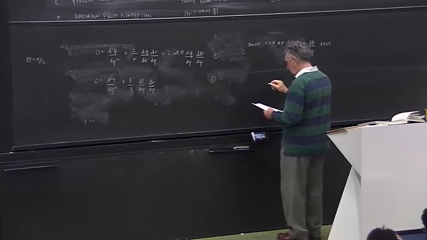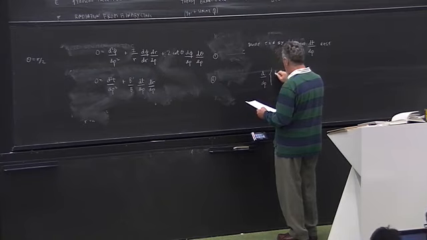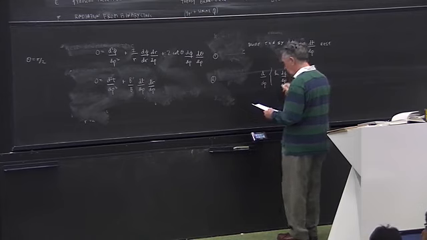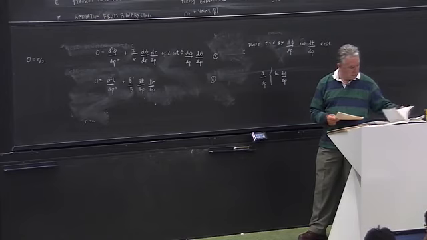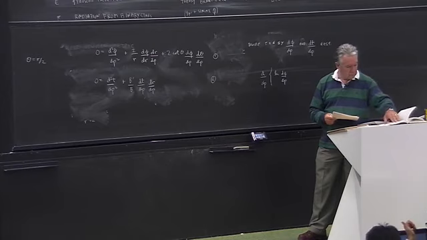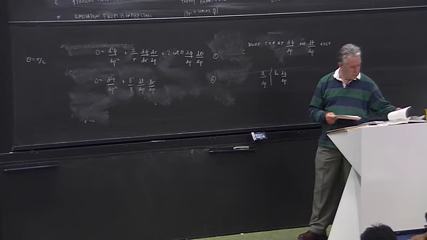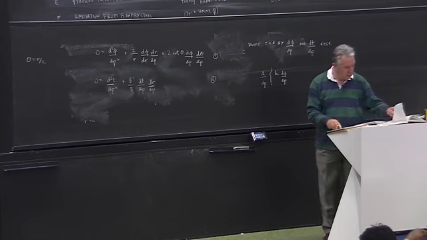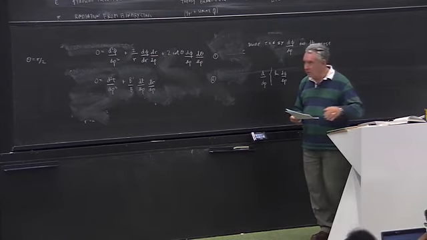And we get d by dp of log d phi dp. Okay, I was wondering where equation 7 went.